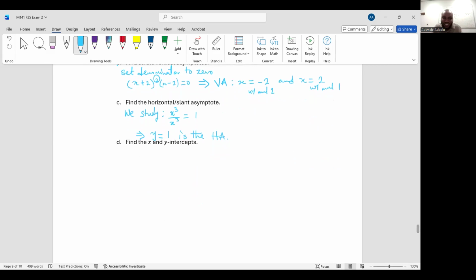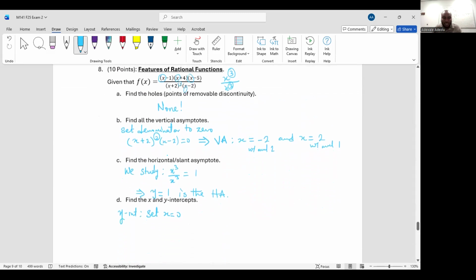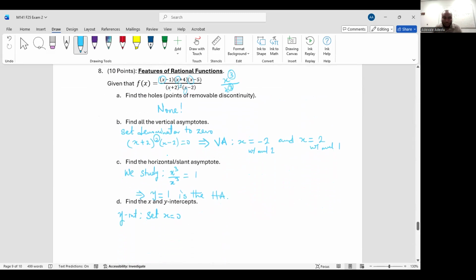Find the x and y intercepts. Well, for the y-intercept, what we need to do is to set x to 0. So f of 0 equals (0 minus 1)(0 plus 4)(0 minus 5) divided by (0 plus 2) squared times (0 minus 2).